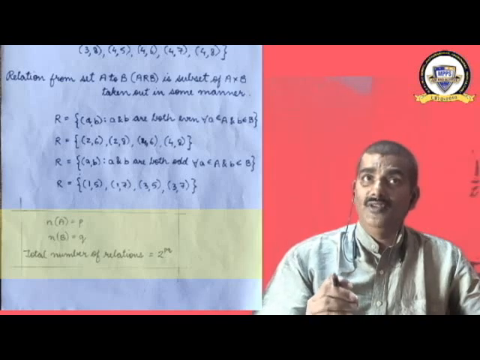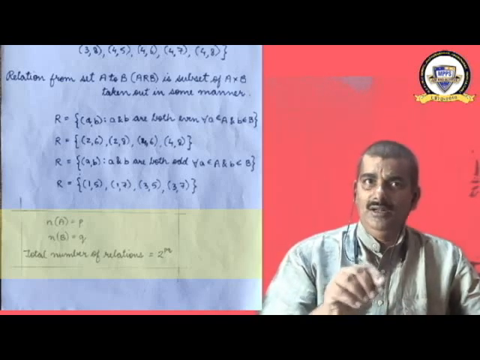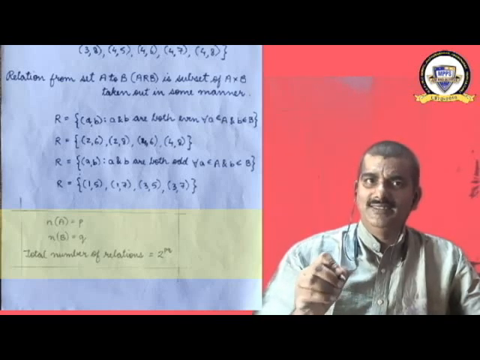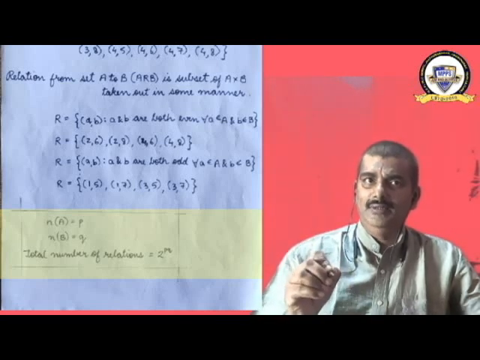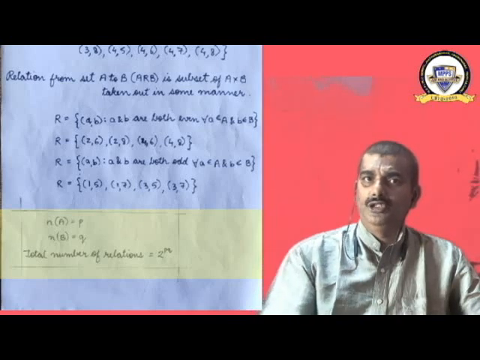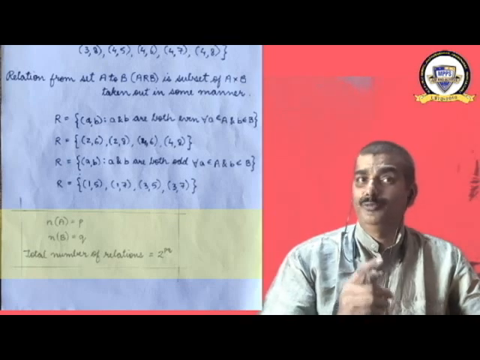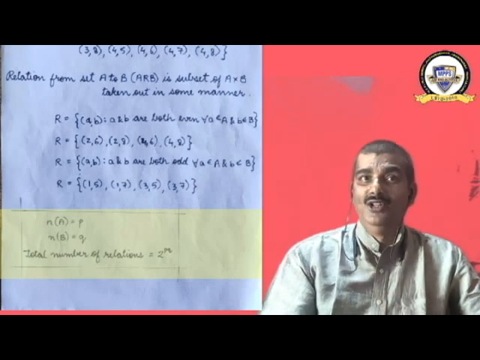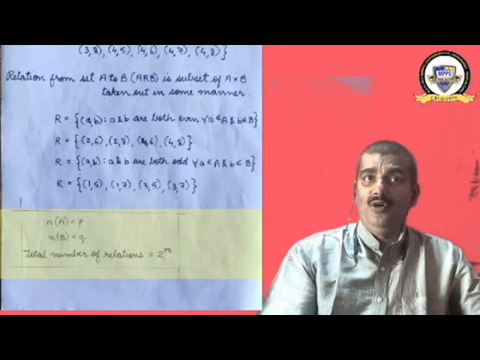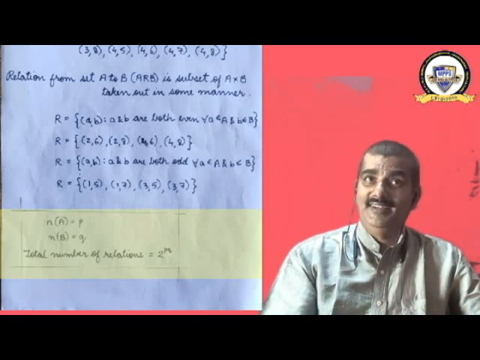If the number of elements in set A is p and in set B is q, then the total number of subsets will be 2 raised to the power pq. That formula we studied already. With the same formula, we can find the number of relations here. Here set A has only 4 elements and set B has only 4 elements.